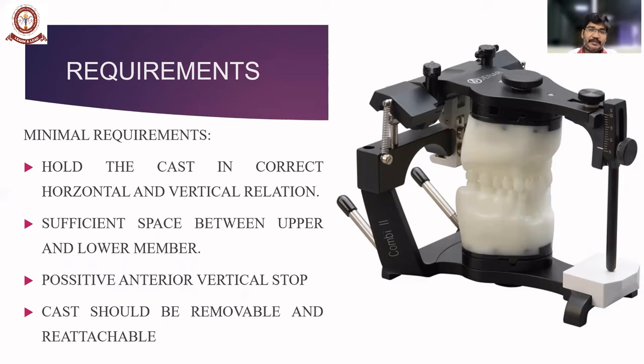And it should have a positive anterior vertical stop. And one more thing, the cast should be removable and reattachable, because you cannot buy a new articulator for multiple number of cases. So that articulator should have the possibility to remove and reattach the different casts.